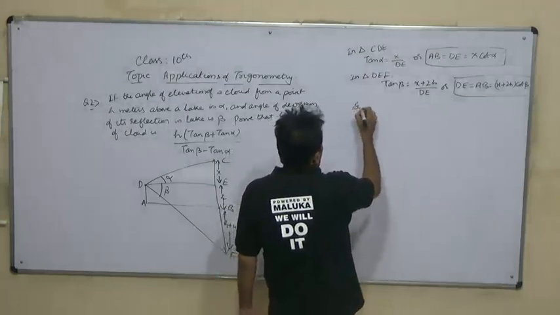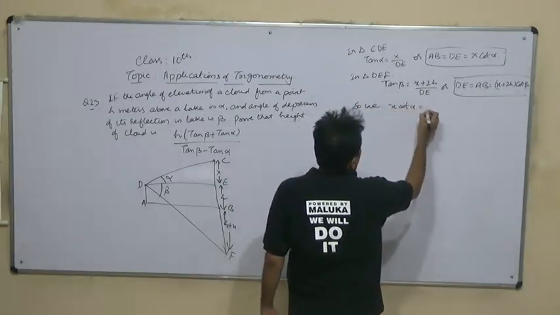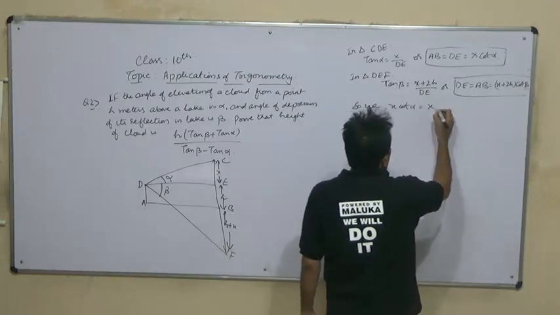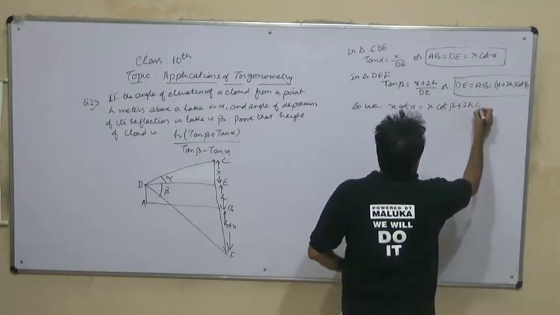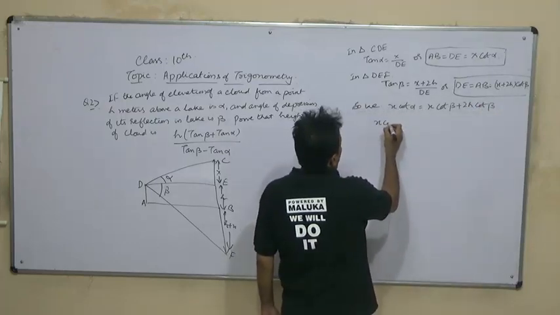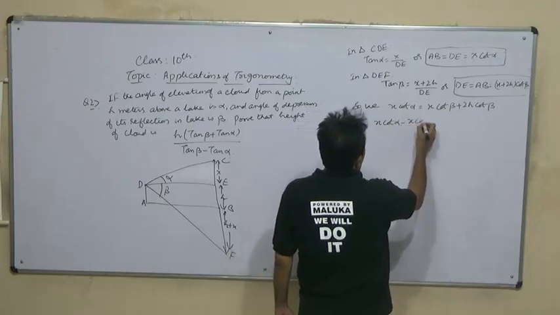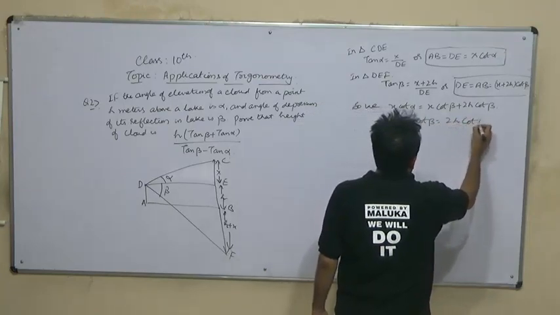So we have x cot alpha is equal to x cot beta plus 2h cot beta. So move to this side, x cot alpha minus x cot beta is equal to 2h cot beta.